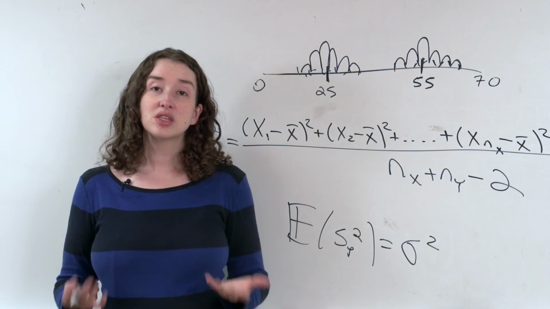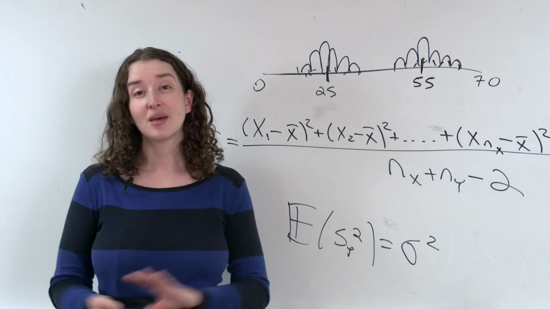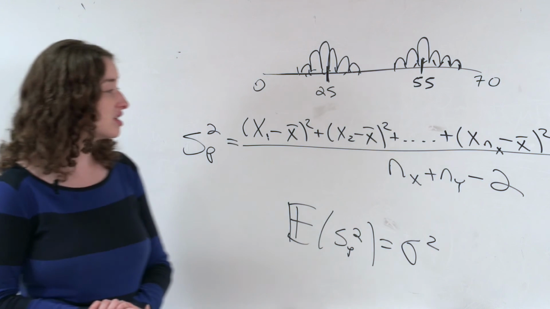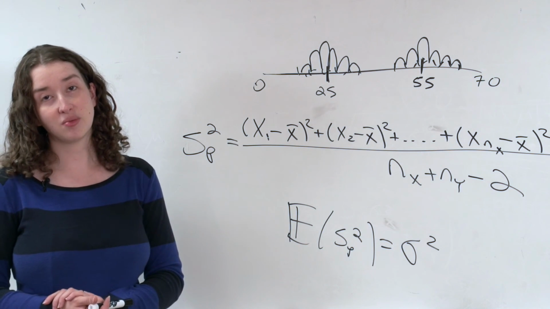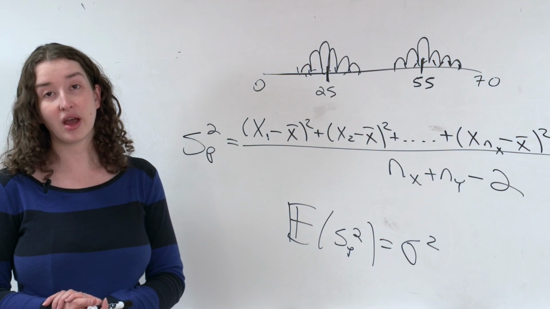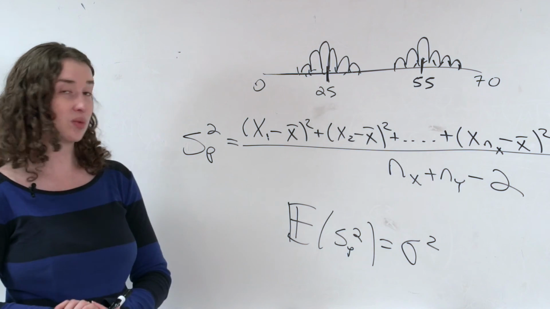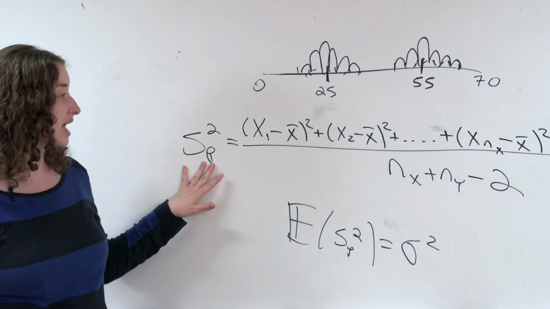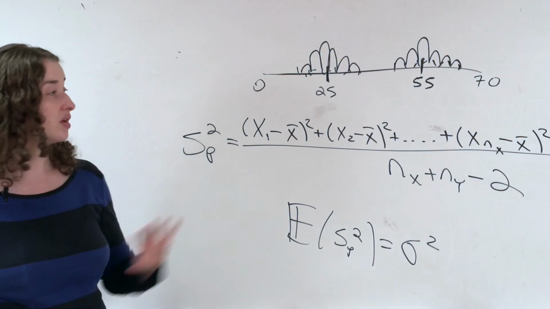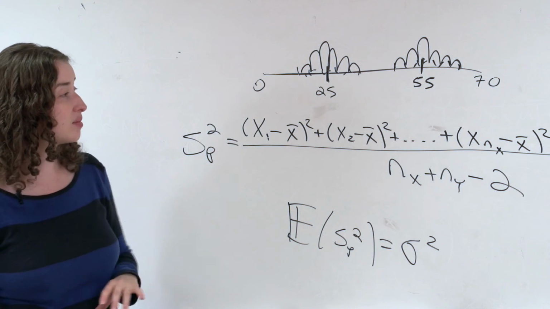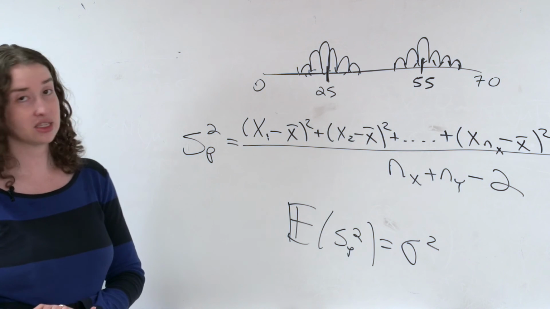However, as we start to talk about slightly more advanced or much more advanced parametric tests, it's going to turn out that this assumption that the variances are the same in each group is going to be more important. It's more often required. There's less often a really easy alternative to assuming that the variances are equal in each group. So this quantity, this SP squared, this pooled sample variance, is going to be something that we come back to and that makes sense anytime we want to assume the variance is the same in lots of different groups and come up with an estimate of that quantity.